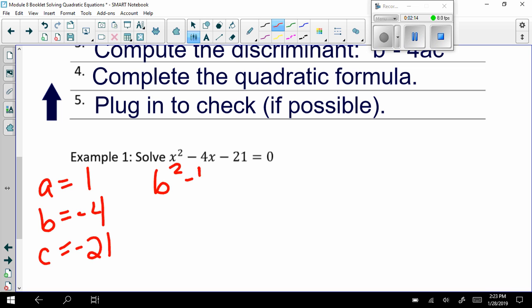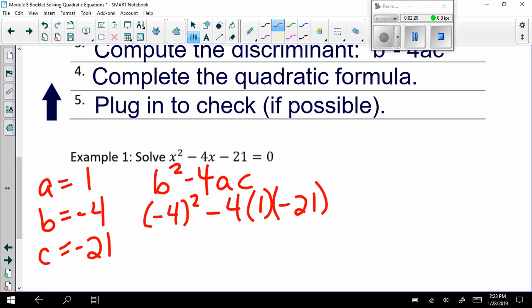I'm going to start by doing my b squared minus 4ac. So plugging in negative 4 for b, with parentheses, you must have them, plugging in 1 for a, and plugging in negative 21 for c. And then following my order of operations. Negative 4 squared is negative 4 times negative 4, which is a positive 16.